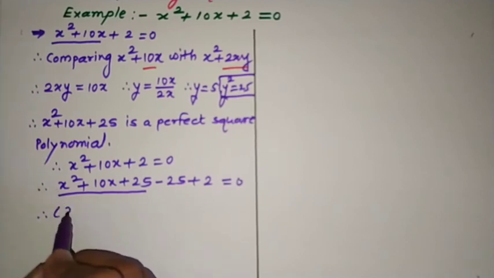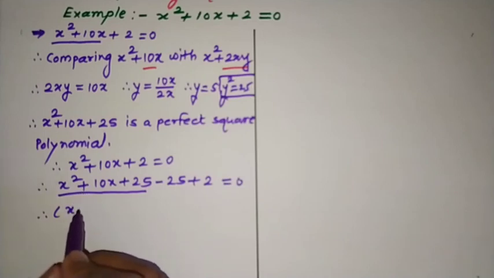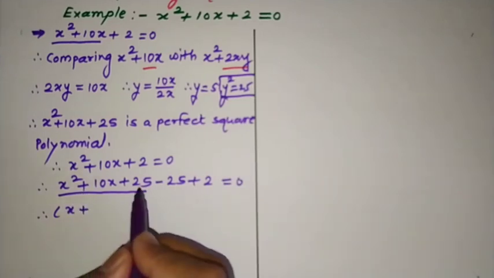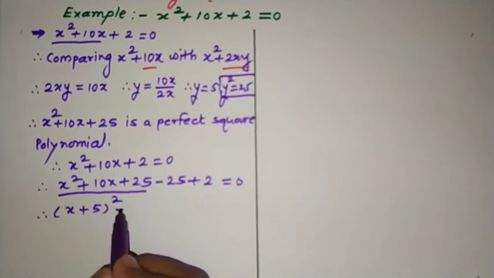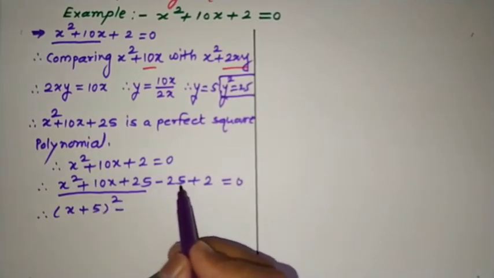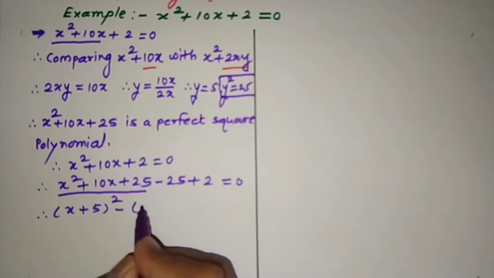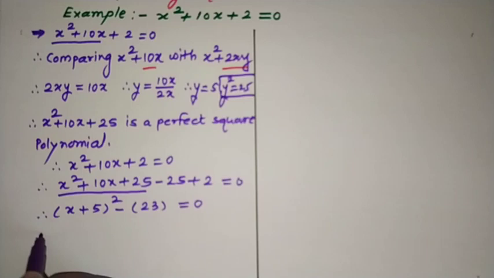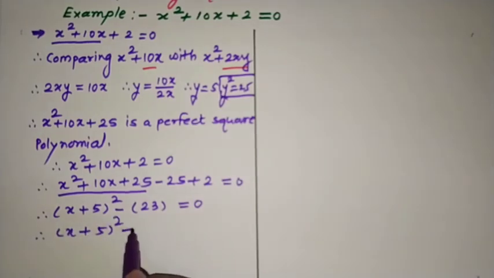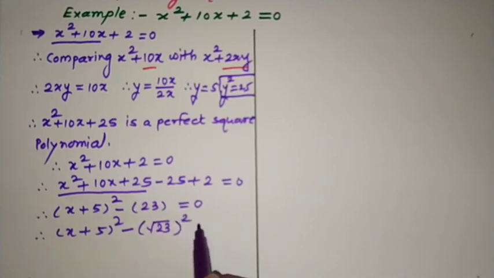First term square root x, sign of the middle term plus, and third term square root 5 square, minus 25 plus 2 is minus 23. Therefore (x plus 5) square minus (root 23) square is equal to 0.